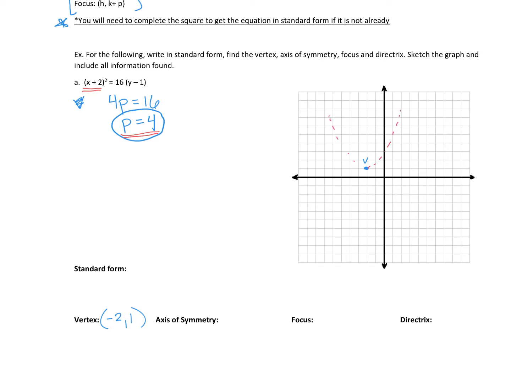I'm going to find an ordered pair, but I'm just going to sketch it going up, because then I know that 4 units in front is my focus, and 4 units behind, not a point but a line, is my directrix. And my axis of symmetry is going to go straight through my focus and directrix here. So my axis of symmetry crosses the x-axis at -2. My focus appears to be -2, 5.